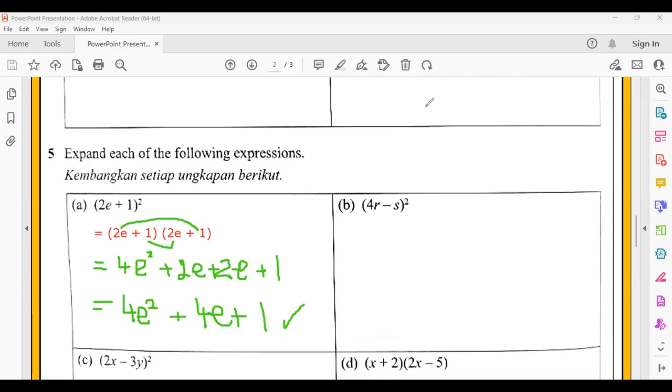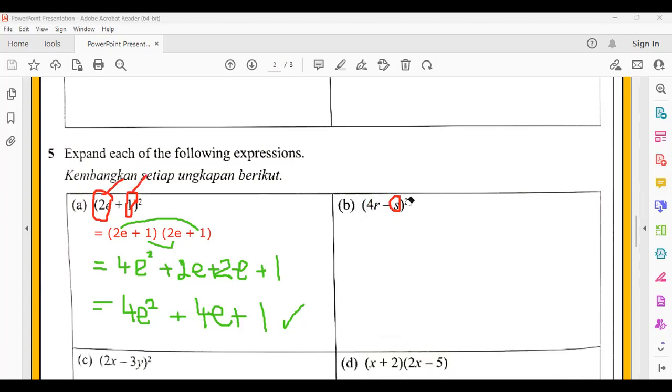All right, could you get this? Now listen very carefully. There is a formula to answer this question. The formula goes like this. You remember I always tell you first term, second term. 2e is the first term. 1 is the second term. Now, instead of saying first and second, I'm going to say A and B. So this is your A and this is your B. Got it?